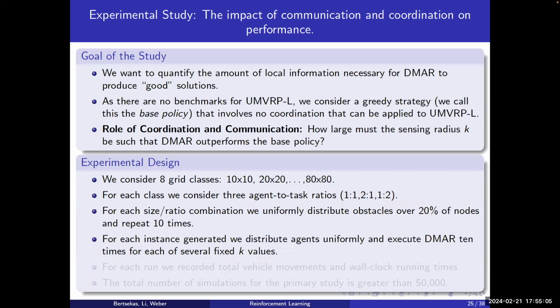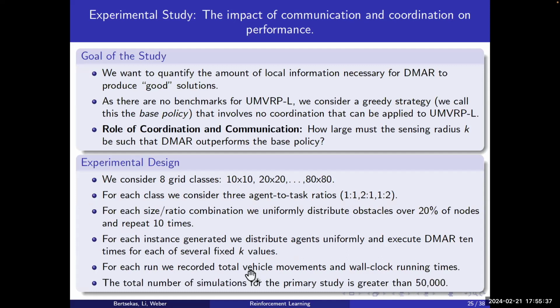Then for each of these generated instances, we distribute the agents uniformly and execute DMAR and the base policy 10 times each, over several fixed K values. So we're going to vary the sensing radius over all of these aggregated instances. Then for each run, we're going to record the total number of vehicle movements as well as wall clock running times, but we're not going to focus on that part, just vehicle movements.